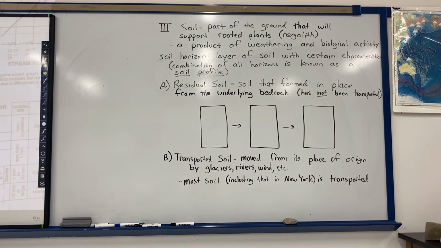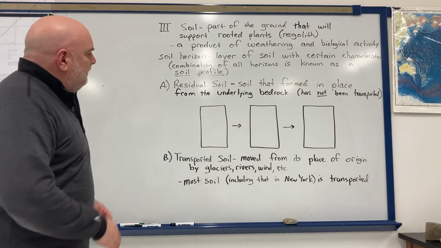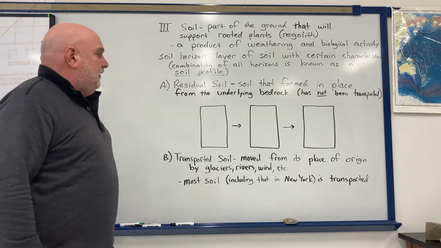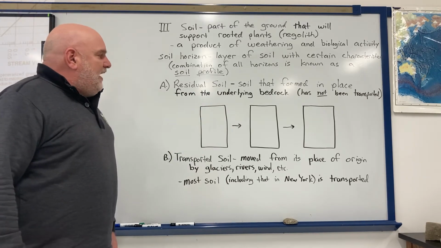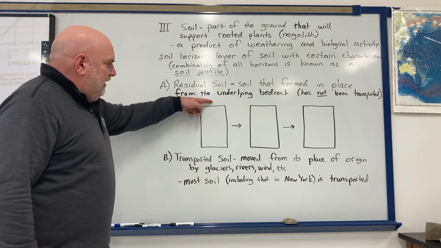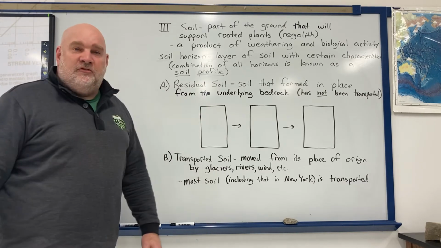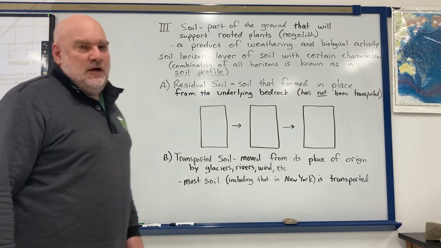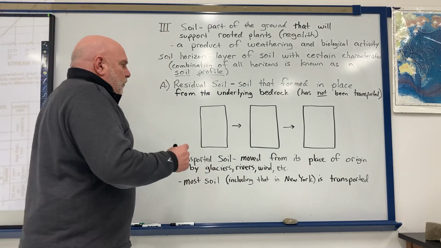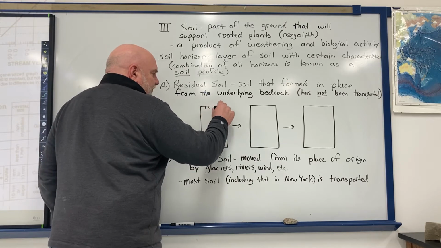Now, a residual soil is one that forms in place from the rocks beneath it. So let's say I started off with some solid rock. What's going to happen to that solid rock is, here's the surface right here. Eventually that surface is exposed to the elements: exposed to the sun, to changing temperatures, to the water. And eventually you start to get little cracks in there.